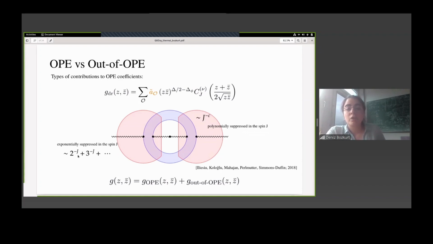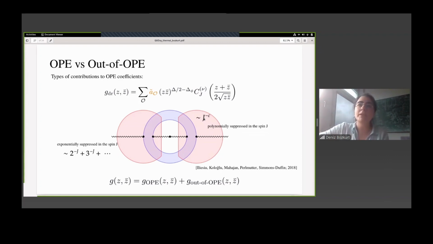And then we know that we are missing the piece of the OPE coefficients that are exponentially suppressed in large J. So we interpret this as: the dispersion relation is only able to capture the piece of the OPE coefficient that is in the Regge regime, and we are missing the out-of-Regge contributions, which we should somehow take into account.